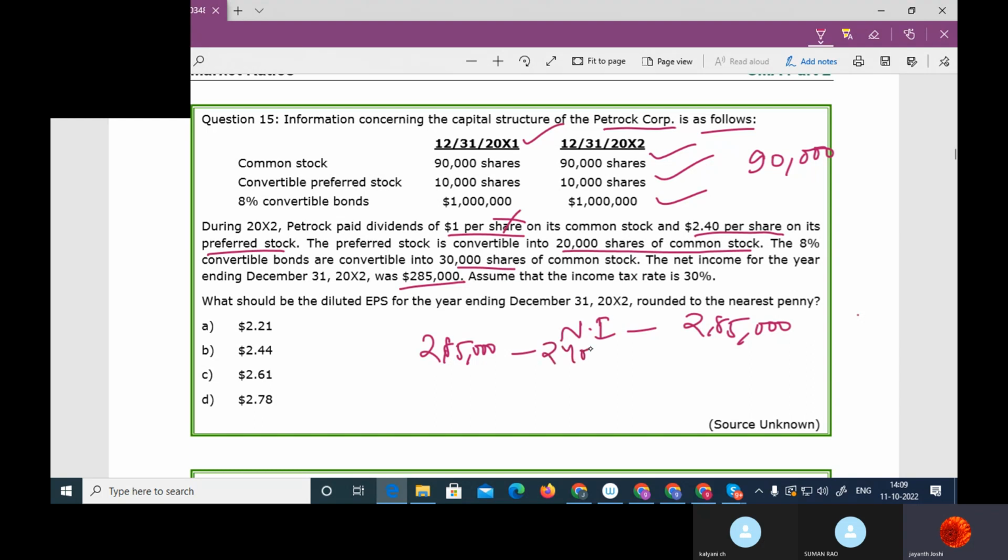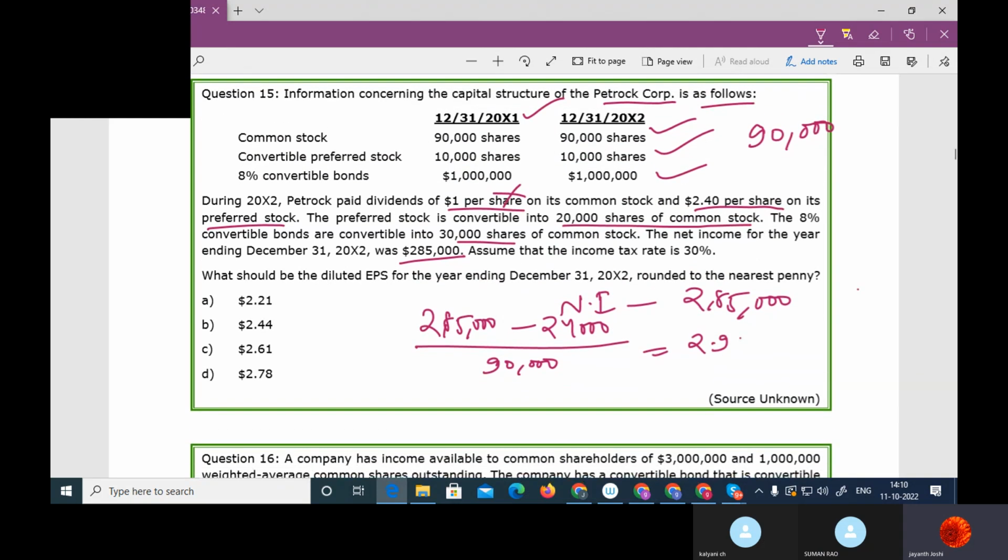You have to remove 24,000 from this, divided by 90,000. So 2,85,000 minus 24,000, 2.9 is your basic EPS.